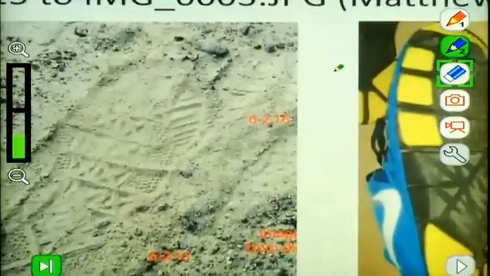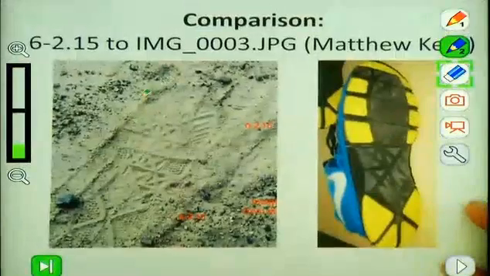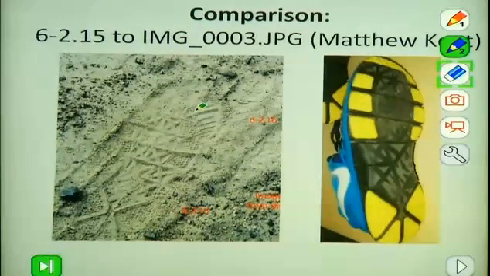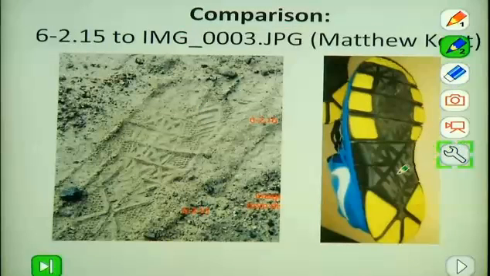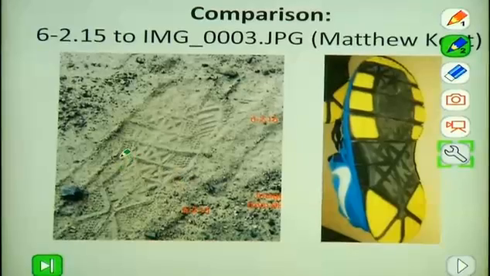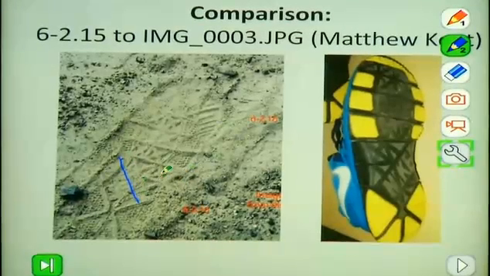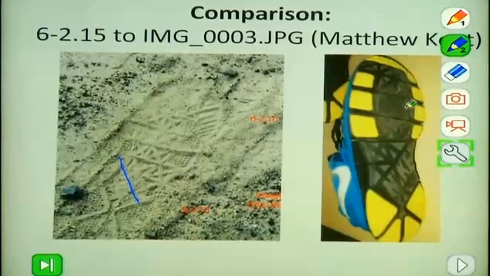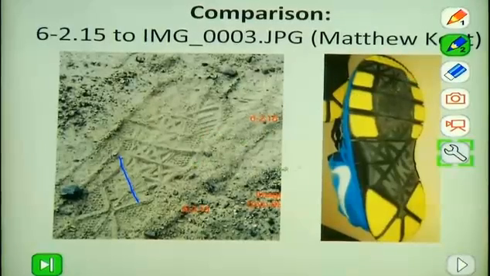I'm first dealing with 6-2.15, which is the full footwear impression. What you can see here, again, taking the right shoe and flipping it over. So now this Nike going this way, the Nike will be going this way, and we're seeing that in here. And above this are these squares, I apologize, these X's that work towards the front of the shoe.